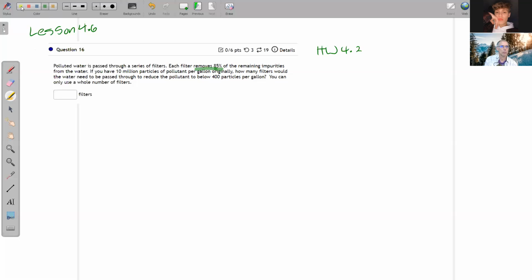All right, so we have a bunch of useful information. We're removing 85%, we're starting with 10 million particles, and we want to end up with 400 particles. So this is kind of like the car depreciation. Here we are losing 85%, so our rate, our R, is negative 0.85. 85% is a decimal, but negative because we're losing.